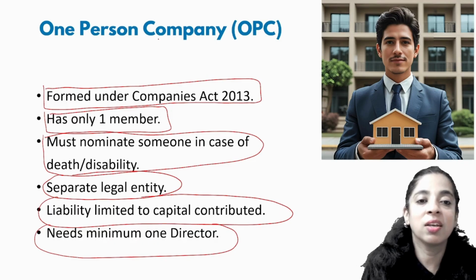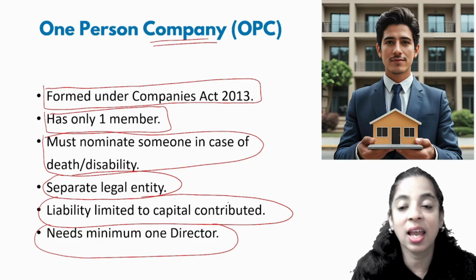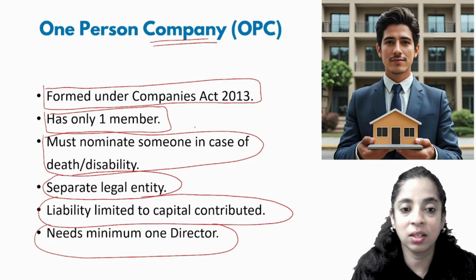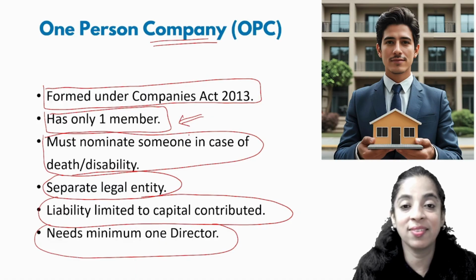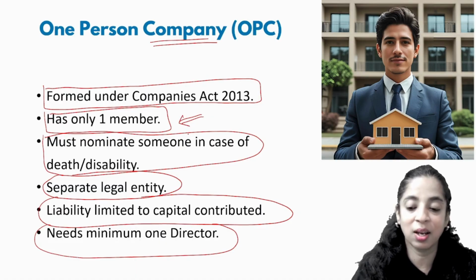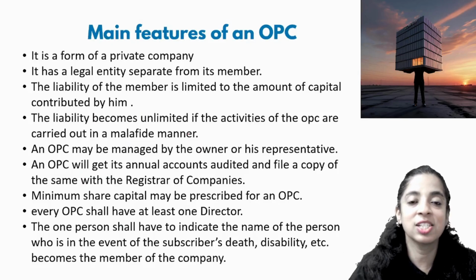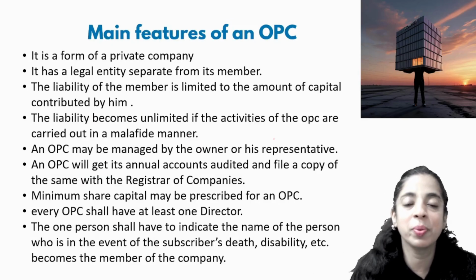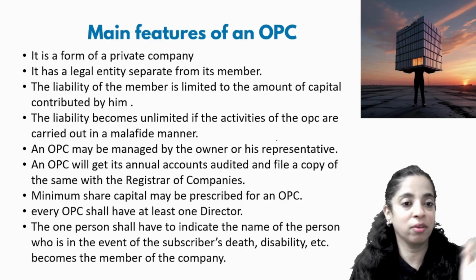So even though it is a one person company, that member is one, but he will require directors to run the company, right? So let's talk about the main features of an OPC. This will clear all your confusions.